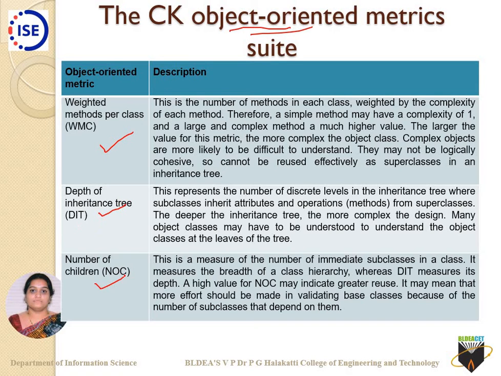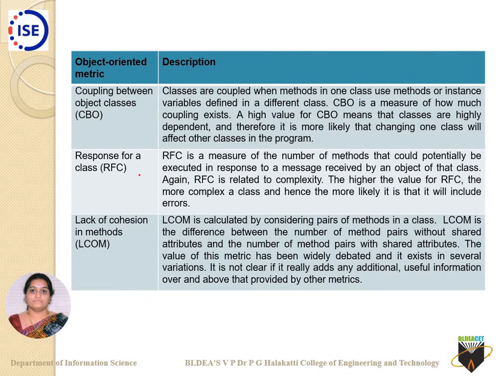One more is number of children. Number of children is the number of subclasses inherited from a respective superclass. It measures the breadth of the class hierarchy, whereas DIT measures the depth and NOC measures the breadth. Then one more is coupling between object classes.